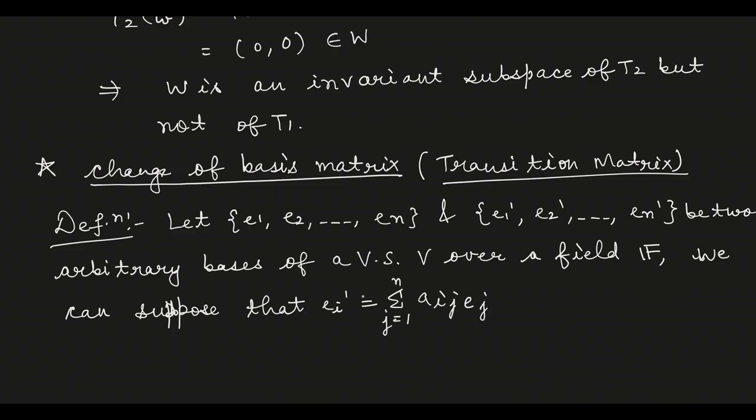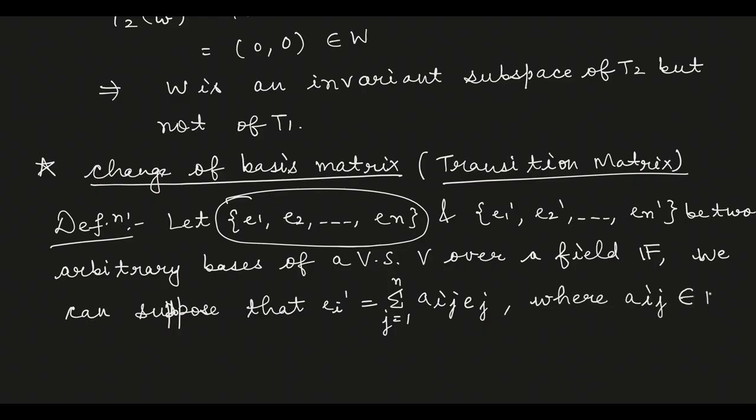Means I am able to write ei dash as a linear combination of these basis elements, where aij are scalars, so they belong to the field, that is ei dash is equal to ai1 e1 plus ai2 e2 and so on till ain en.